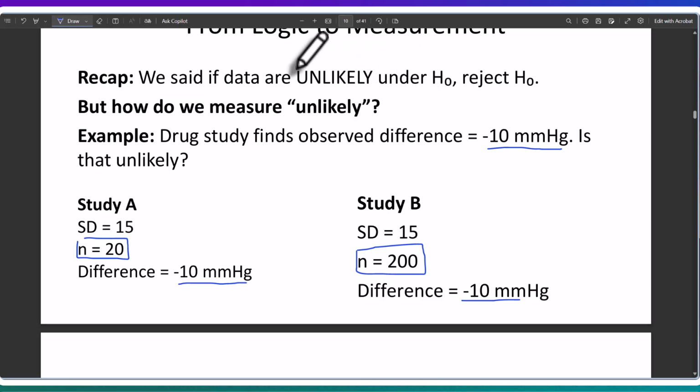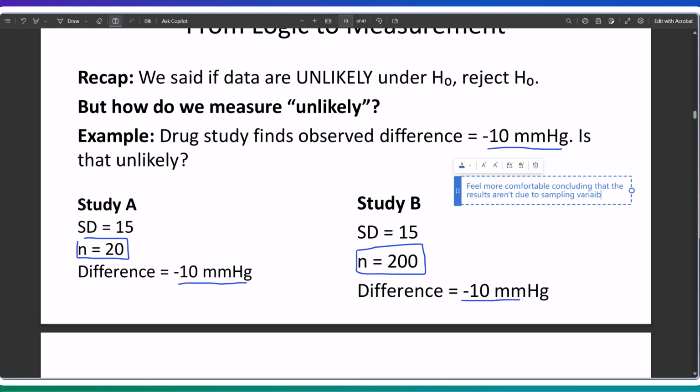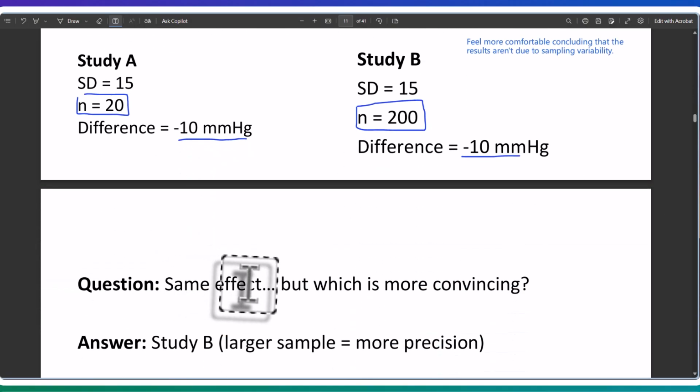So in other words, which one would you say you would feel more comfortable concluding that the results aren't due to sampling variability? Well, sampling variability is really going to be dependent on the sample size, right?